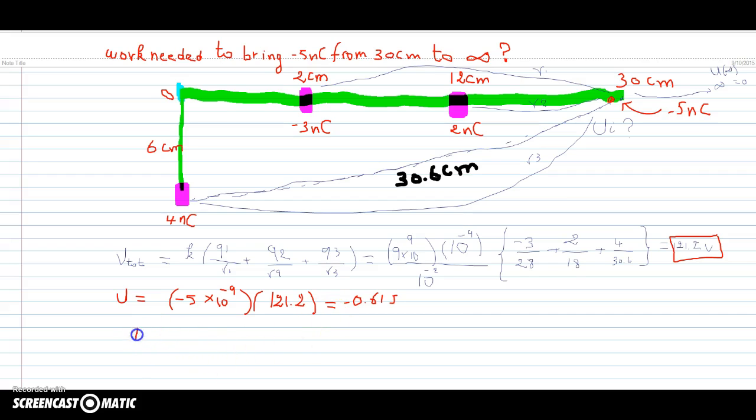So the change in potential energy is U final, which is 0, minus U initial, which is minus 0.61, which is equal to plus 0.61.